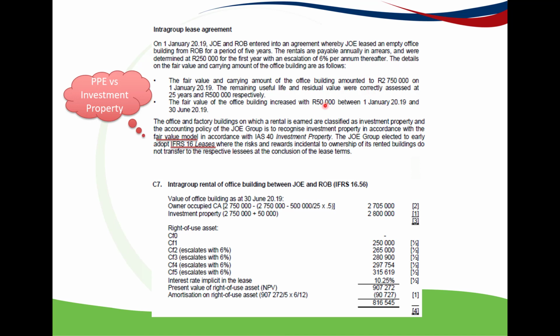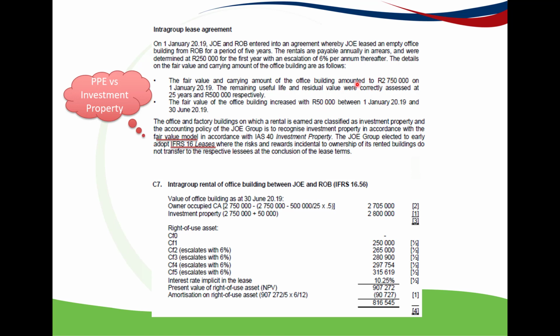However, when we get to the consolidated entity or group, which is seen as one entity, now the parent is the one occupying the building and it becomes owner occupied. Therefore, it cannot be investment property anymore. It reverts back to PPE. And we know the accounting policy for the PPE is at cost. So in this case, we know we will have to de-recognize the fair value adjustment of 50,000.